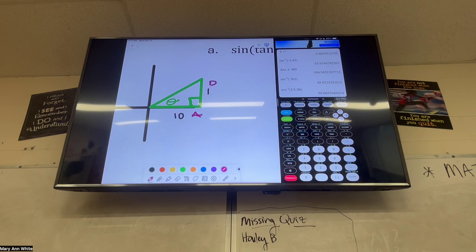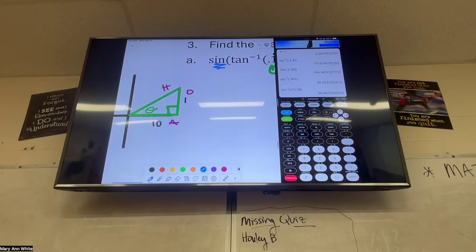Opposite over adjacent. Now, if we want to find sine, though, we need that hypotenuse. Can you find that hypotenuse of that triangle? Oh, yeah, easy. Do that Pythagorean theorem. So 1 squared plus 10 squared equals x squared. 1 plus 100 equals x squared. x equals root 101. And as much as I wish that root 101 simplified down, it does not.